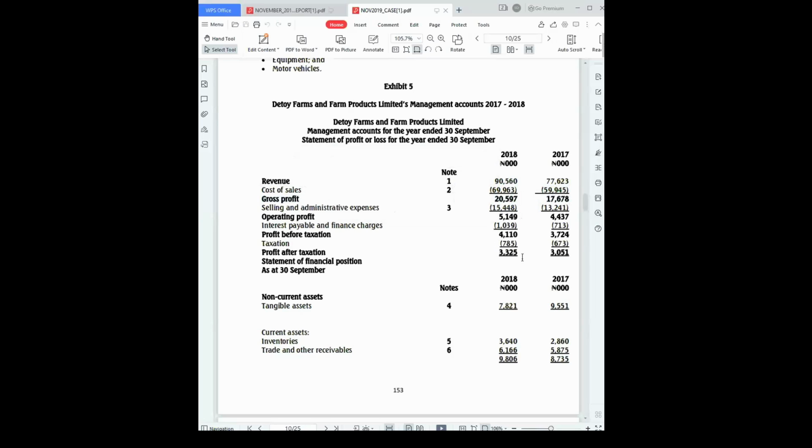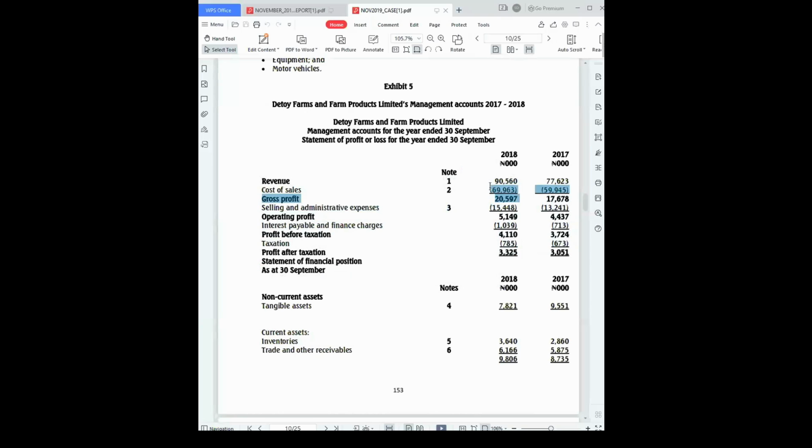But if you look at the profit after tax, it's really low, because you have about 90 million of revenue and only 3 million of profit. That just suggests that expenses have taken away most of the revenue, which might suggest that there is something wrong with the expenses.